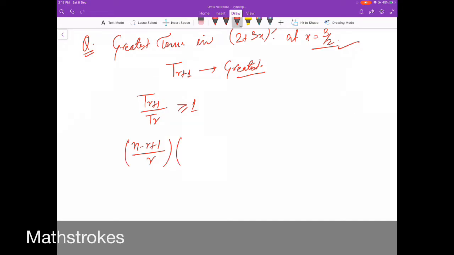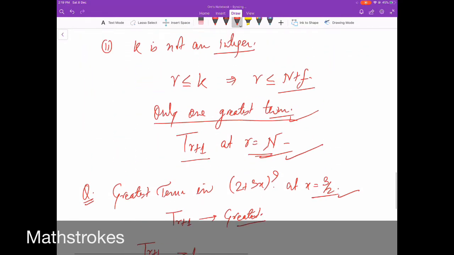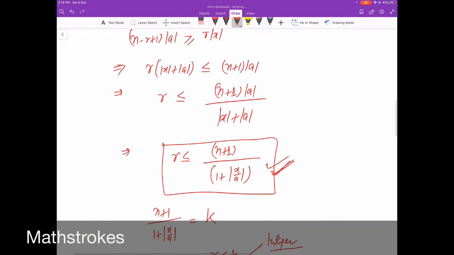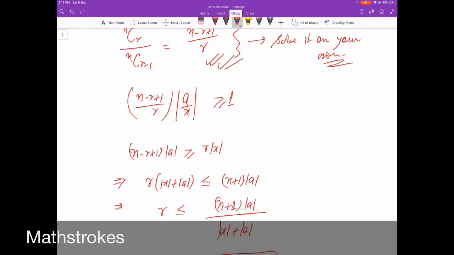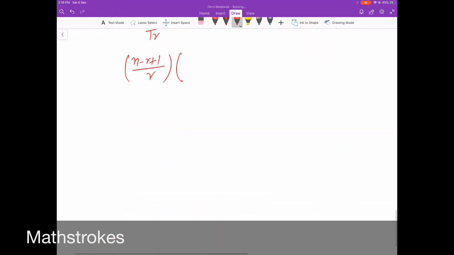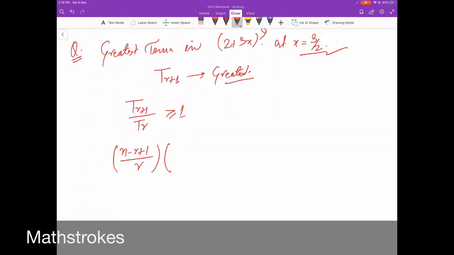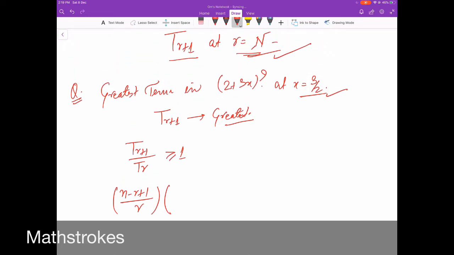Okay, and what was that? Let's find it. It was a upon x. So what is our a here? Our a is this, and this is x. Fine, this is written x plus a. So I will write here 3x upon 2. I am not introducing the mod sign because 3x and 2 both are positive, so no need to introduce the mod sign here.